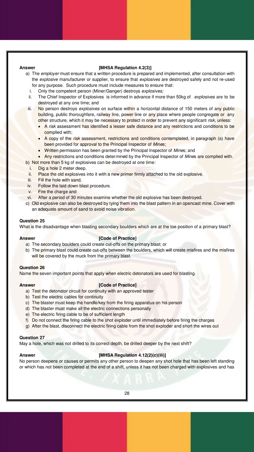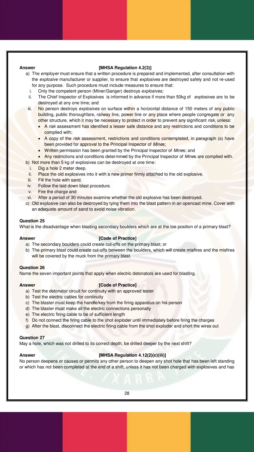Question 26. Name the 7 important points that apply when electric detonators are used for blasting. A. Test the detonator circuit for continuity with an approved tester. B. Test the electric cables for continuity. C. The blaster must keep the handle, the key, from the firing apparatus on his person.